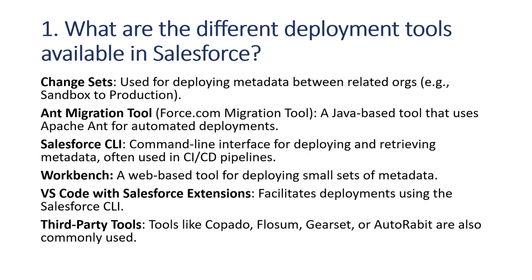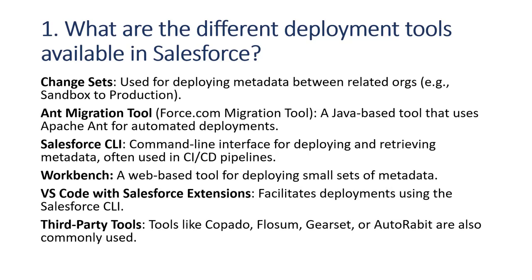And nowadays, more commonly used are third-party tools like Copado, Flosum, Gearset, AutoRabbit. So not only can we deploy metadata changes from one org to another, we can do other sets of activities, like we can maintain a repository, we can do version control through these third-party tools, and also we can compare the code between two orgs.